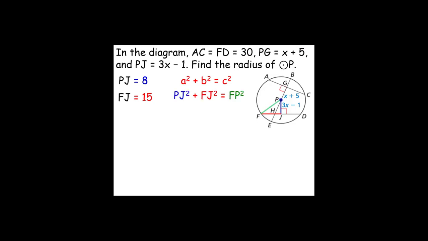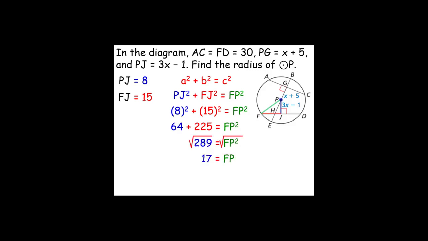And let's substitute our values in. Square, add, take the square root of both sides, and we're left with the length of segment FP is 17. Notice that FP is the radius of circle P, as well as EP or BP. Therefore, the radius of circle P is 17.